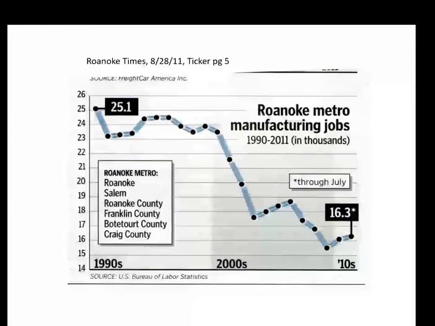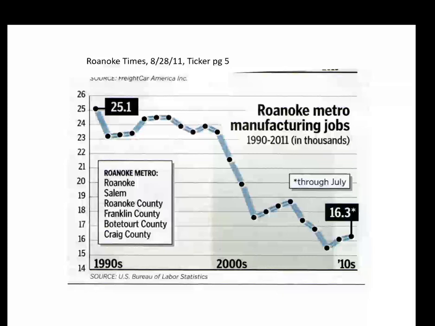Line graphs typically show change over time. This graph from the Roanoke Times shows the loss of manufacturing jobs in the Roanoke metro area from 1990 to 2011. Clearly, there was a steep decrease in manufacturing jobs over that time period. The 10-year increments are correctly represented.